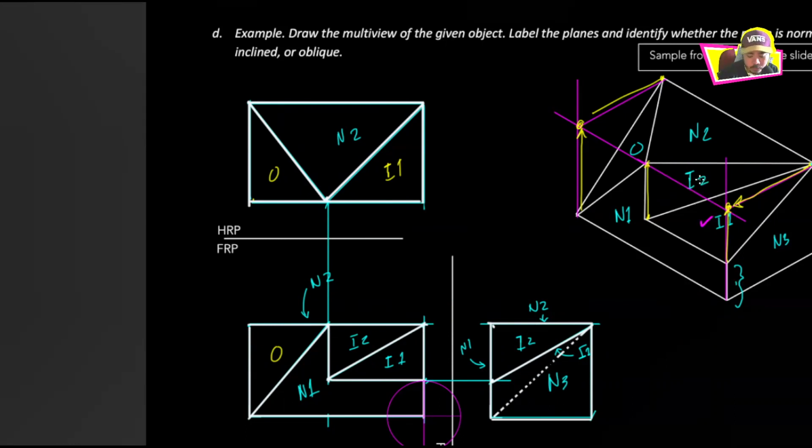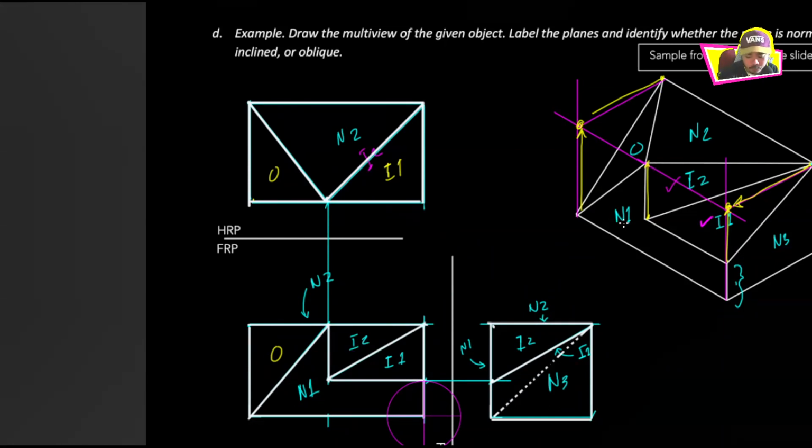I2 is shown as an edge view here. Tama? This is I2. So, ganyan. This is I2. Tapos si I2, edge view siya dyan. Dapat it should be shown foreshortened sa two other views, which is I2 here, I2 here. So okay tayo sa I2.